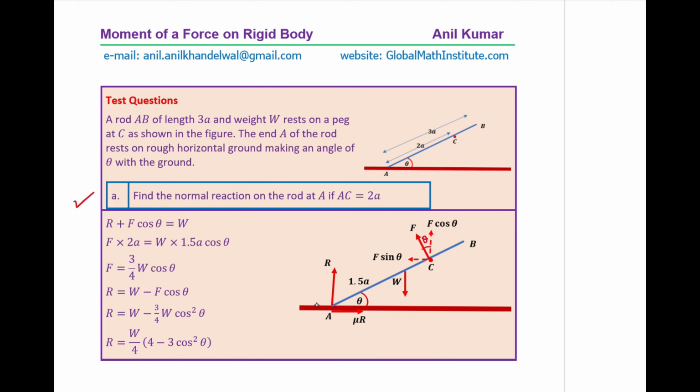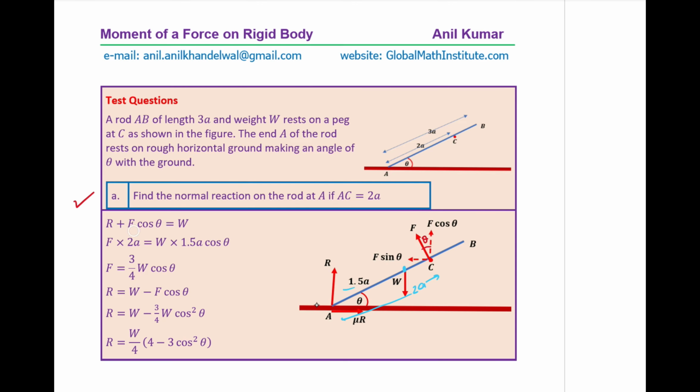The point F is 2a distance away from A, right? That is given to us. So this distance is 2A for us. Okay. And weight is acting at 1.5 A away.